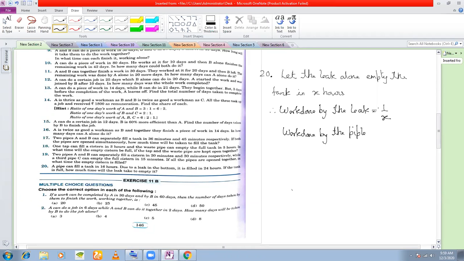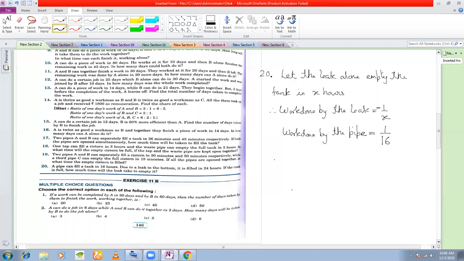In fact, since the work done by the leak is actually negative work done, let us give a minus sign here. So work done by the pipe is how much? The pipe can fill it in 16 hours. So work done by the pipe is 1 by 16.